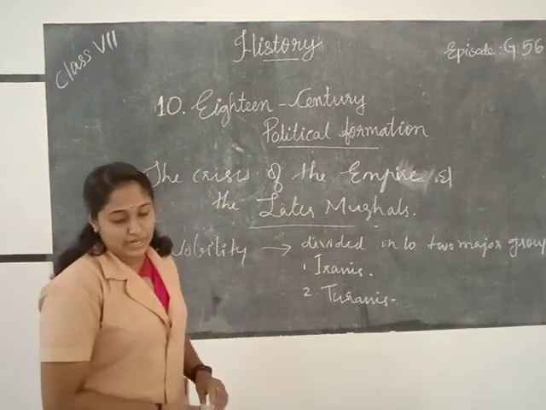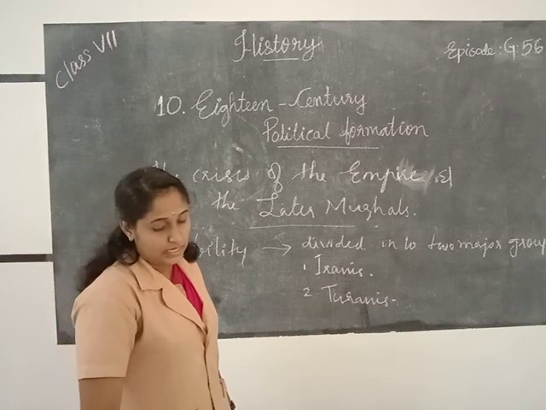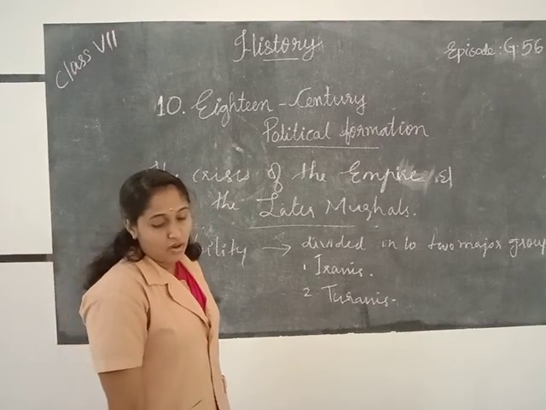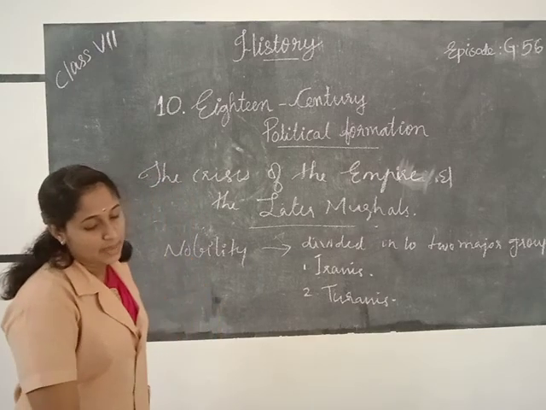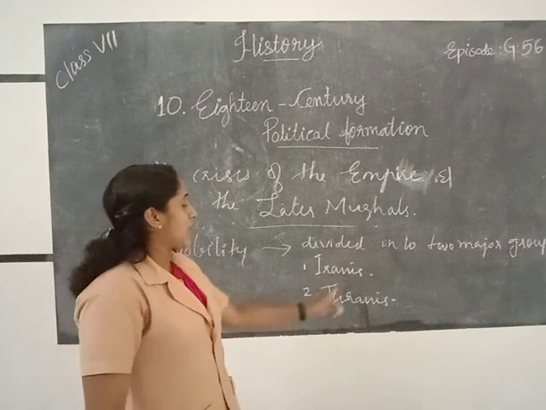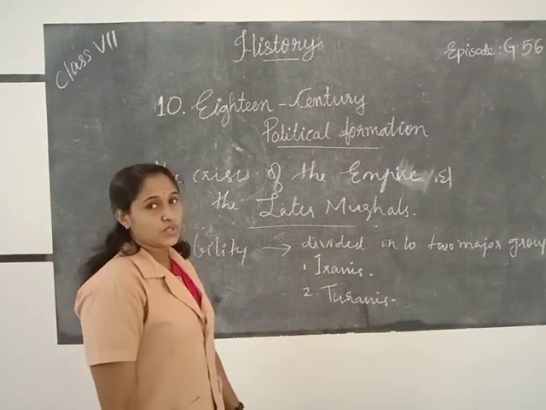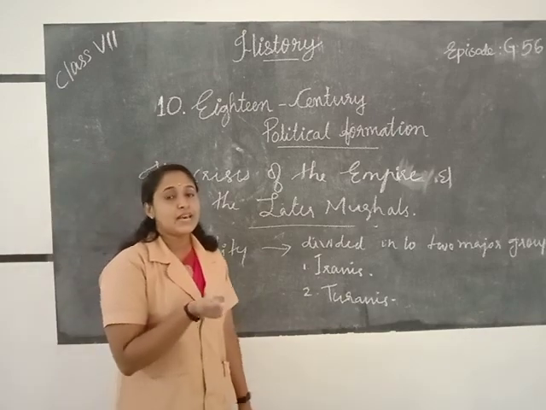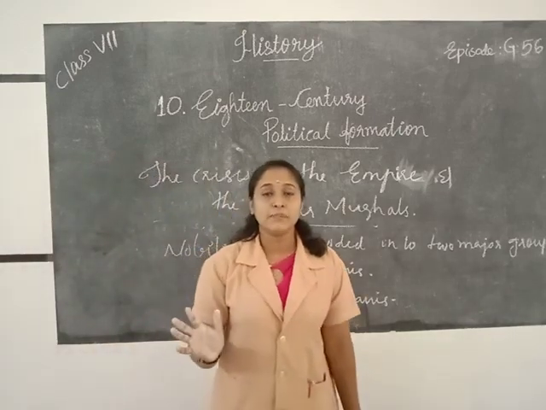This also created what? The independent new states. So for a long time, the later Mughal emperors were the puppets of these two major groups. We know that after the invasions and battles, the Mughals lost their power.